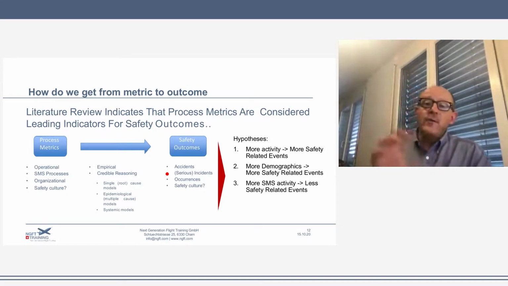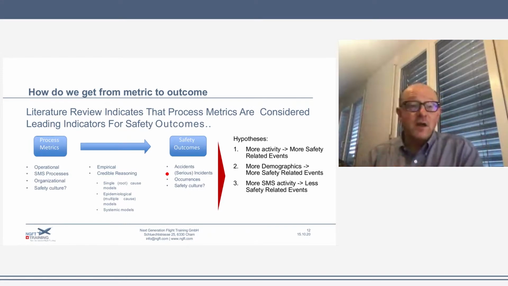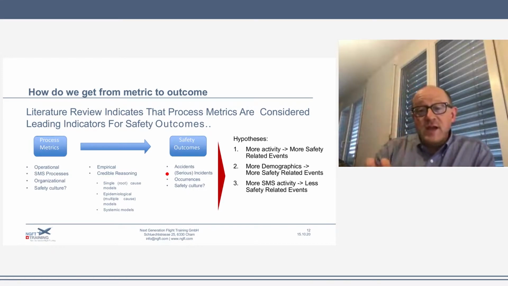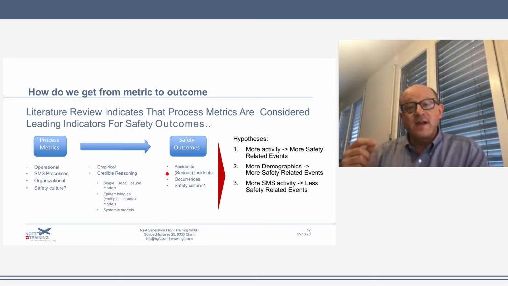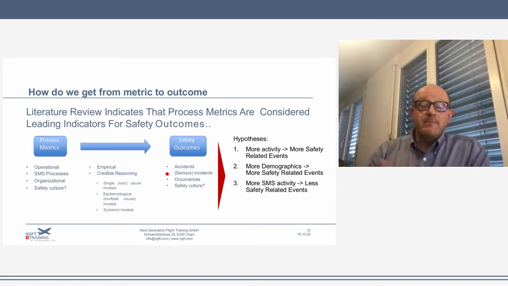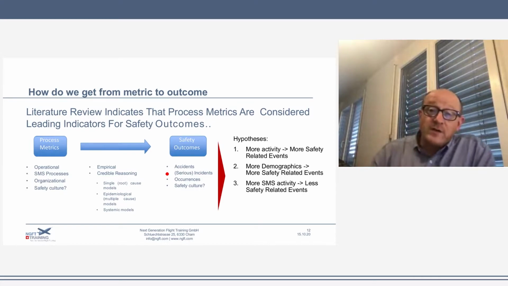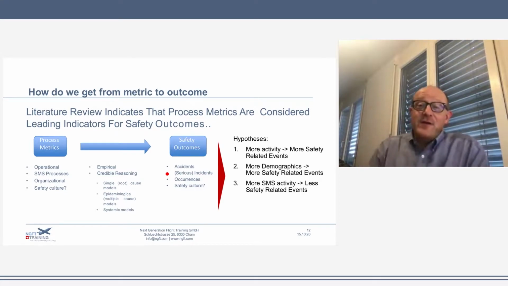Generally, if we talk about indicators, and if we want to get something out of this, what we can say is, if we have more activity, we have more safety-related events. Well, that's a no-brainer, obviously, but it's true. So if you don't fly, you don't have any flying accidents.